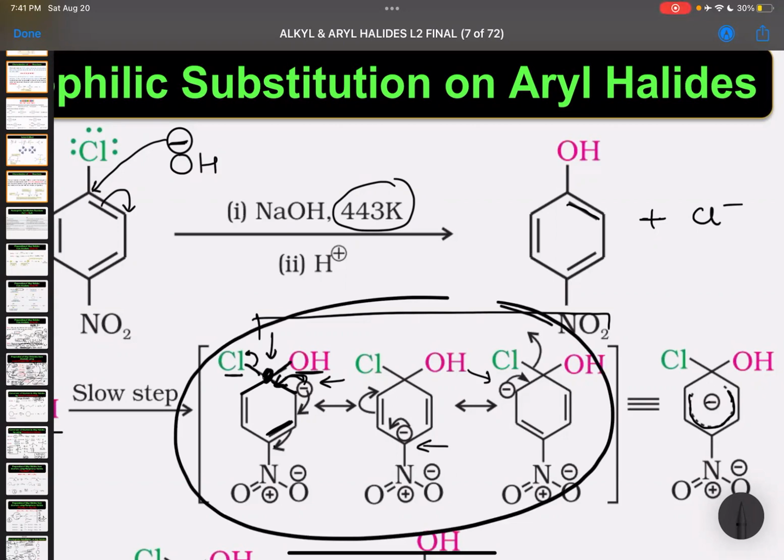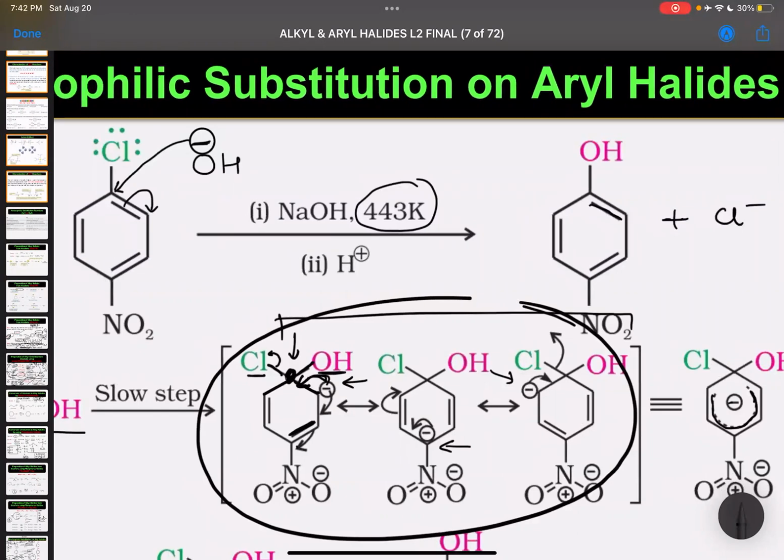And that minus which was formed again attained the benzene-like structure by pushing away the Cl. So this is the addition-elimination mechanism, and this mechanism was not possible on normal alkyl halides because normal alkyl halides were having 4 bonds, and you can't expect a nucleophile to come and sit without any one of the groups leaving the structure. Is it clear?